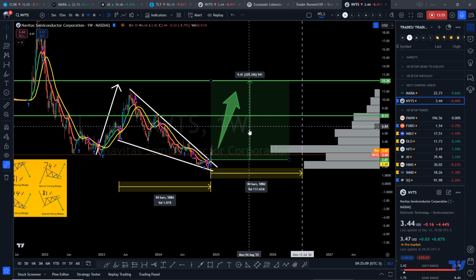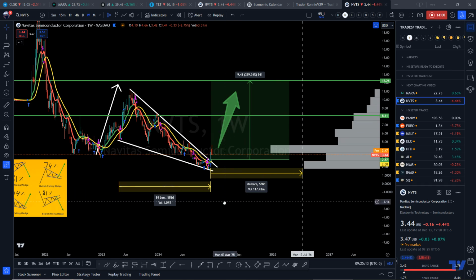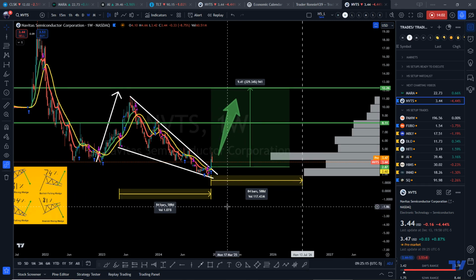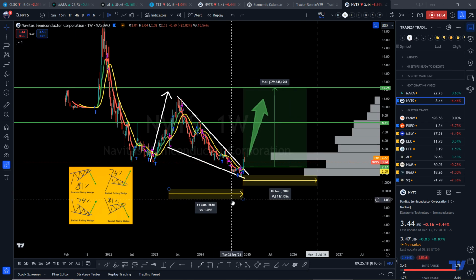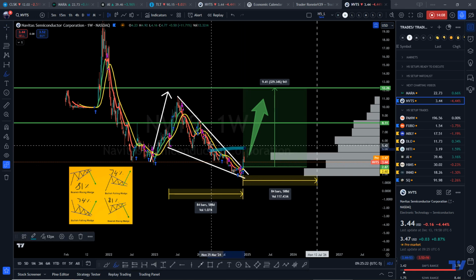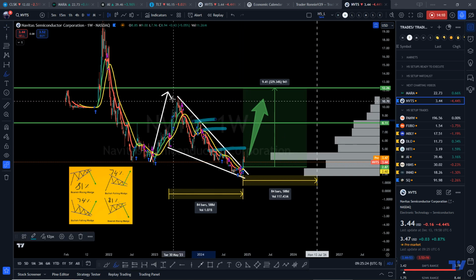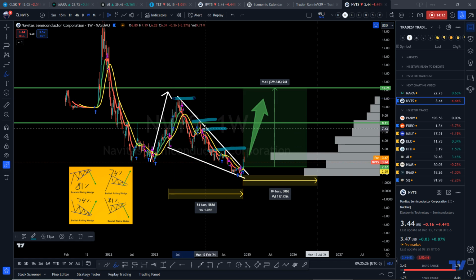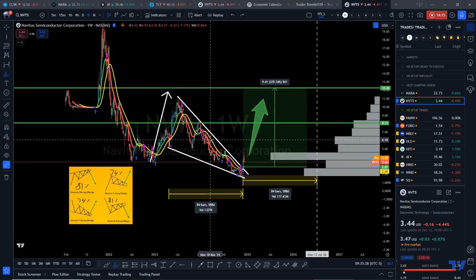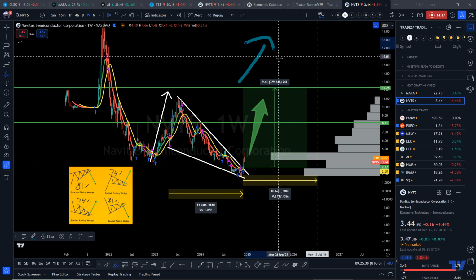It's very important to do the measured moves so you at least know where the heck you're going, and where you should put profit targets and take profits when you're in a trade, or else you're just going to be sitting there and being like, oh, well, there's resistance here, resistance here, resistance here, resistance here. So you're going to take too many profits, right? And then you have none left for the full ride.